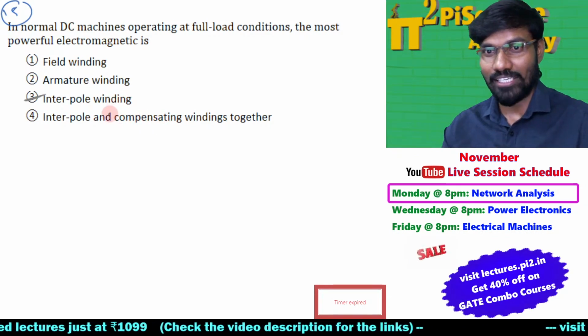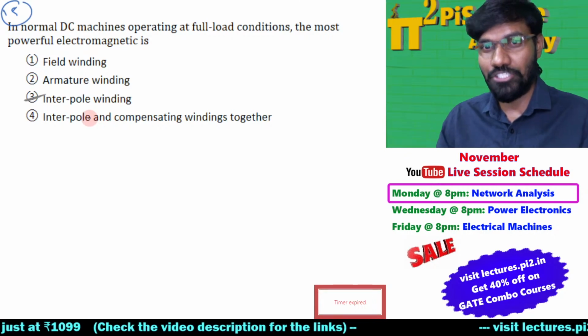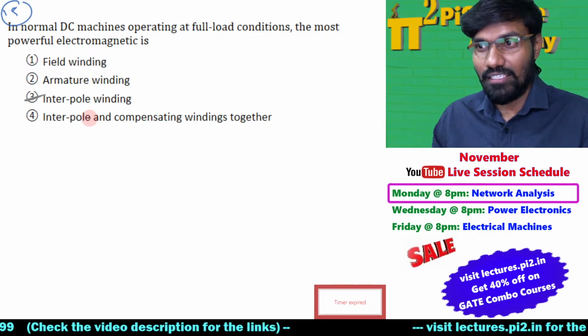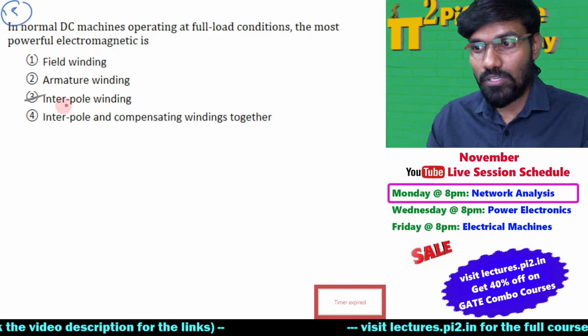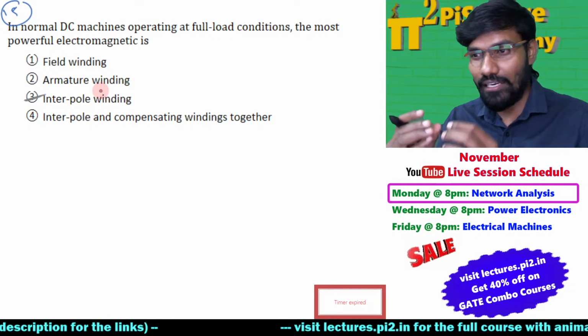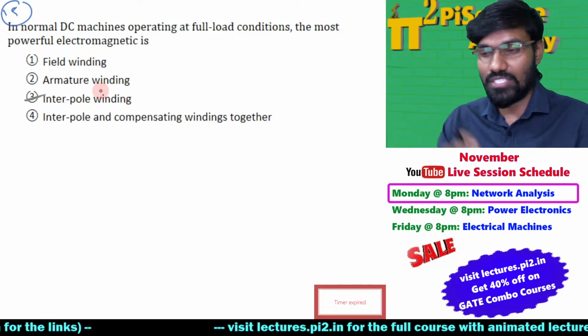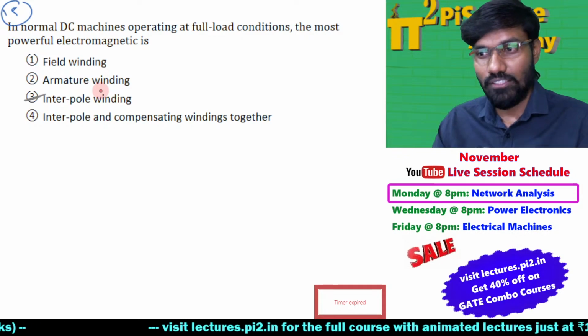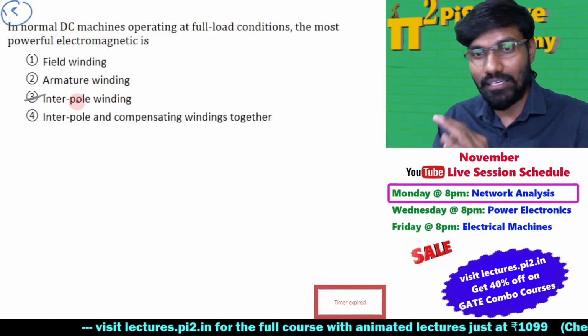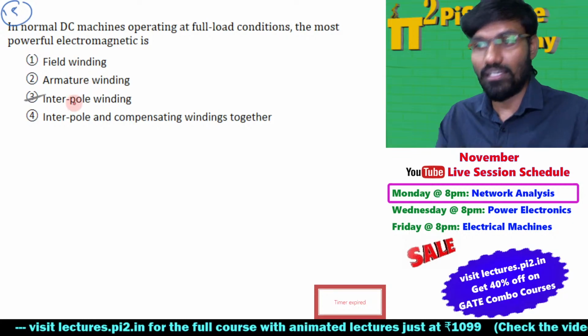That gives more flux, that's the apprehension one would have. See, these interpoles are there to nullify a little amount of flux in the M and A. Though the current carried is more, that does not give more flux.